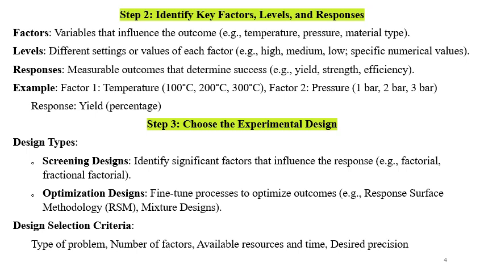Levels, different settings or values of each factor, high, medium, low or specific numerical values. For example, if you have the middle value for polymer level like 20%, so you can set 12% or 15% minimum and 25% maximum level of the polymer.